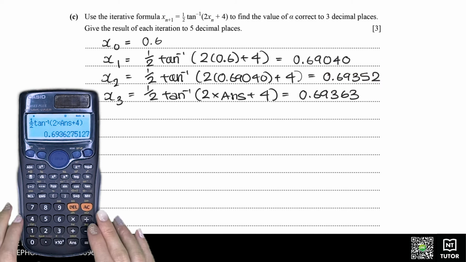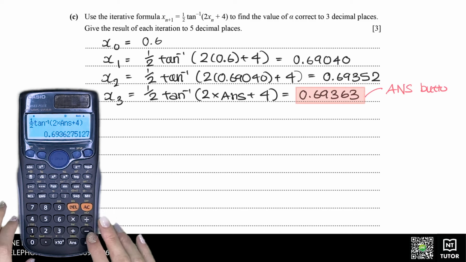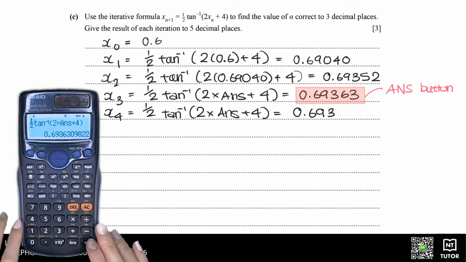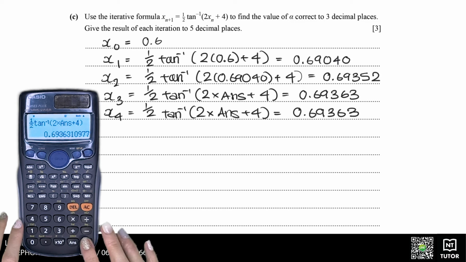And now your answer button is equal to x3, which is 0.69363. And all you need to do now to find x4 is just hit the equal button again. And the same for x5, x6 and x7 if you need to. So it's a lot faster this way, so you don't have to type the equation again and again.